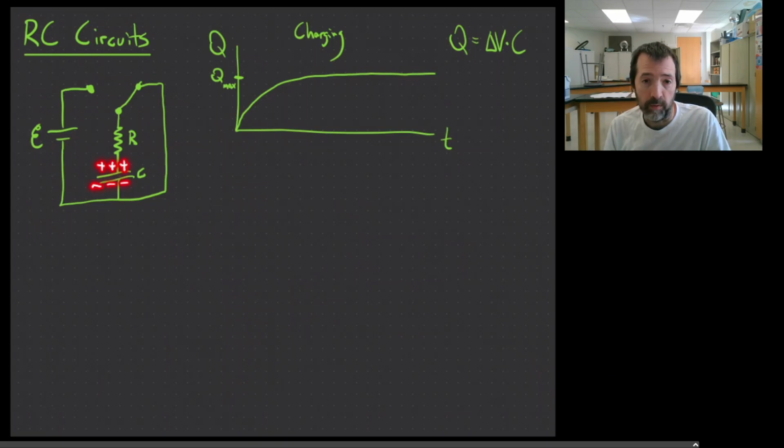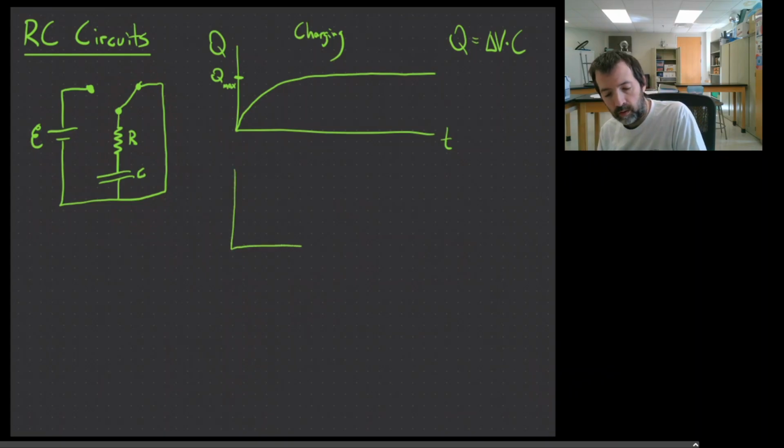And so as soon as I provide a pathway for all of those charges of like sign to move away from each other, they're going to move away from each other. So when I flip the switch over, current is going to flow the other way to discharge or neutralize the plates.